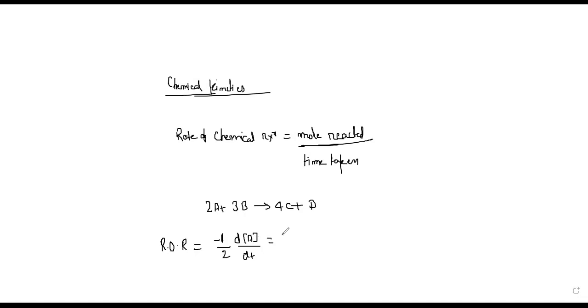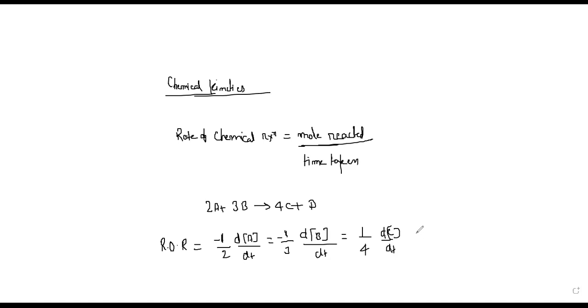This value will be equal to minus 1 by 3 into dB by dt. This value will be equal to 1 by 4. Why am I writing the negative symbol? Because in the reactant, the value of the reactant will be converted into the product. That's why I am writing the negative symbol. So this value will be written as dC by dt.